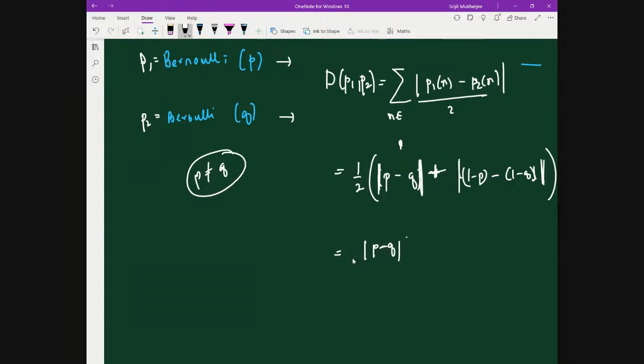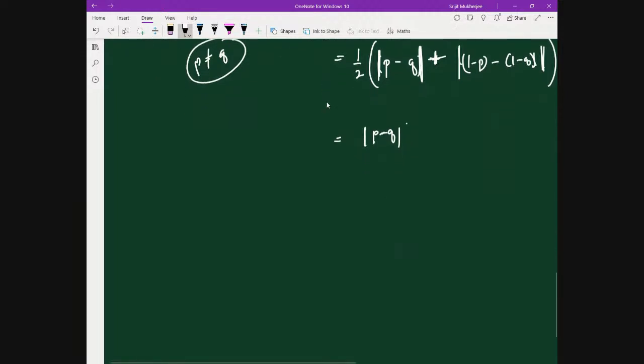Now, if P and Q are close, the two Bernoullis will behave close. Let me show you the diagram. Can you tell me what the maximum value of this can be? The maximum is 1.